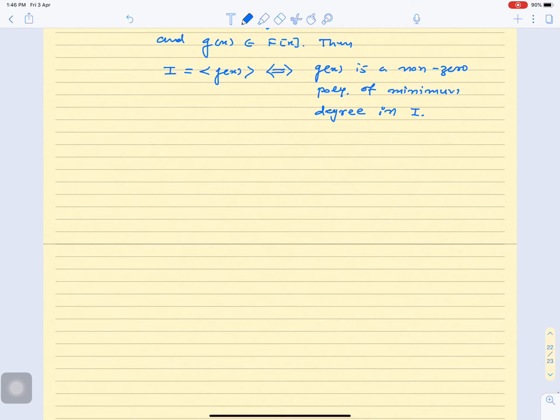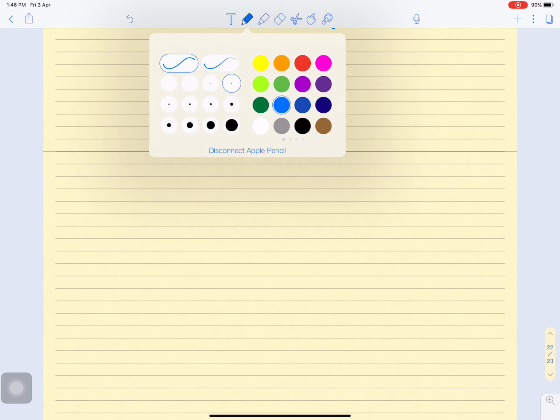So now let us discuss one example. Okay, before going to the example, let me give one definition.